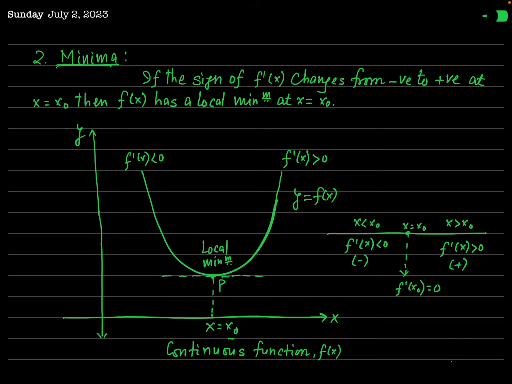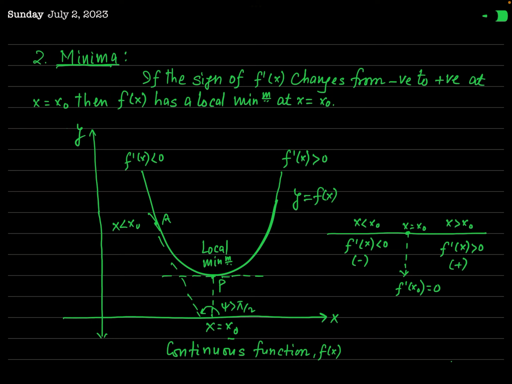When we talk about the region where x is less than x naught, and we consider any point, let us say A, on the curve, and find the slope of the curve at this point, you have to draw a tangent at point A, and you can see that this tangent makes an angle psi with the positive x-axis which is greater than pi by 2.